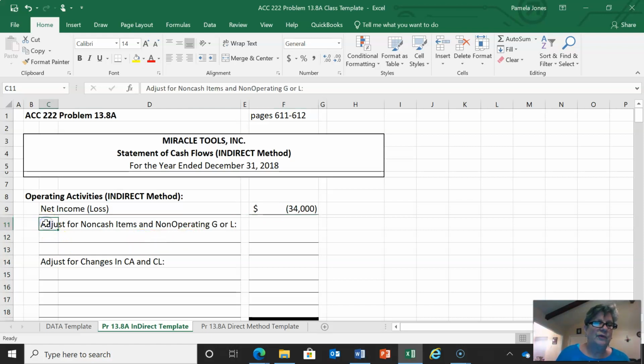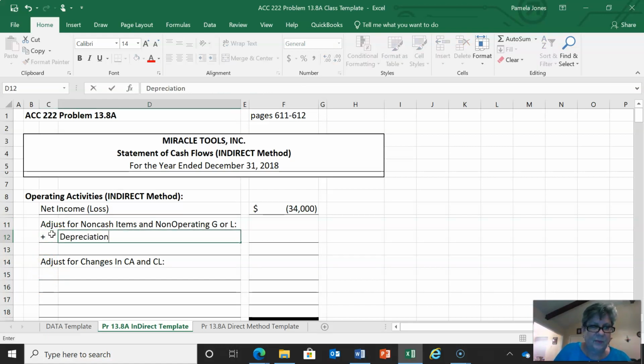We've got adjustments for non-cash expenses, or it could be non-cash revenues, and non-operating, or those unusual or infrequent gains and losses. So non-cash items, one is depreciation expense. So we're going to add depreciation expense. And also, if we had amortization expense, amortization of intangible assets, or depletion expense, none of those require cash.